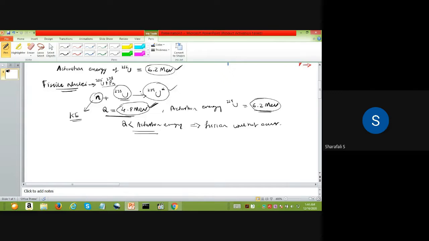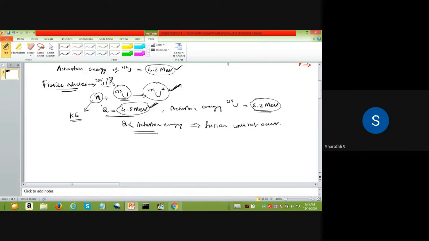In such cases, this nuclear reaction is also feasible, which means that if you have high energy neutrons bombarding this uranium 238, giving you uranium in an excited state, that can lead to a nuclear fission process when the Q value is large.